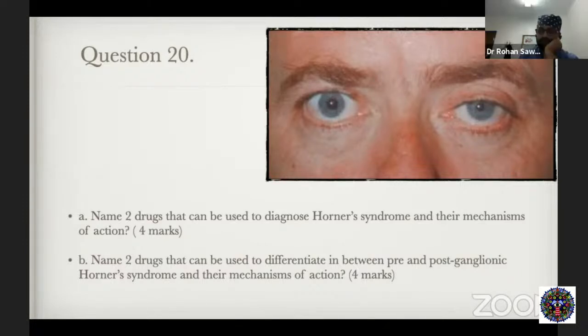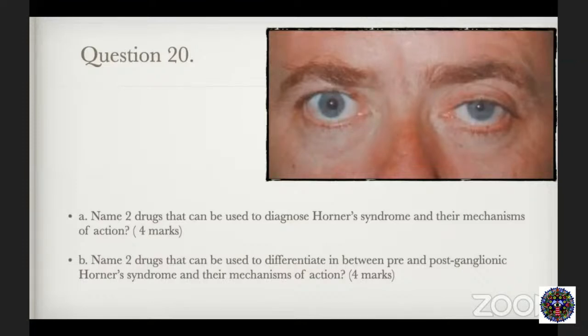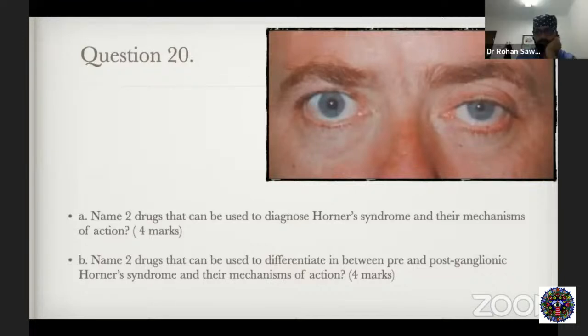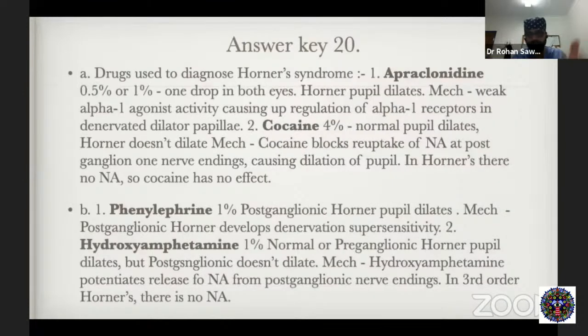But hydroxyamphetamine basically causes the release of noradrenaline from the neuron, and then it acts. In a postganglionic lesion there is no noradrenaline, so it won't dilate, but it will dilate a normal pupil or a preganglionic lesion. Excellent answer. These are the same things described in these questions, so that's absolutely fine.